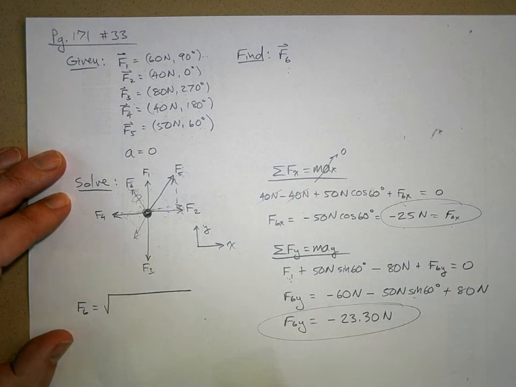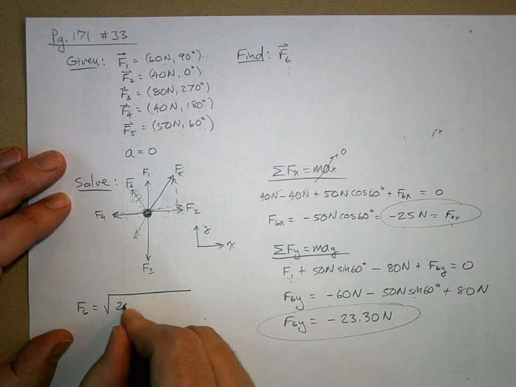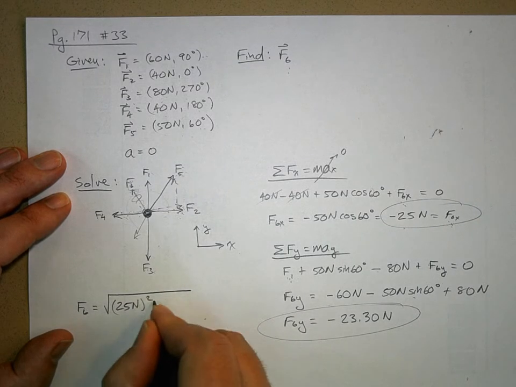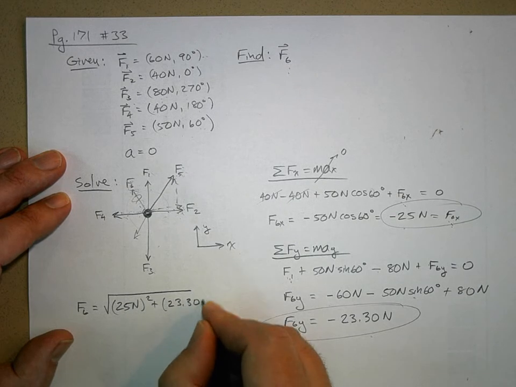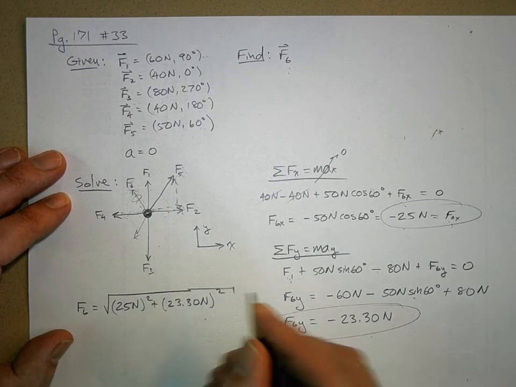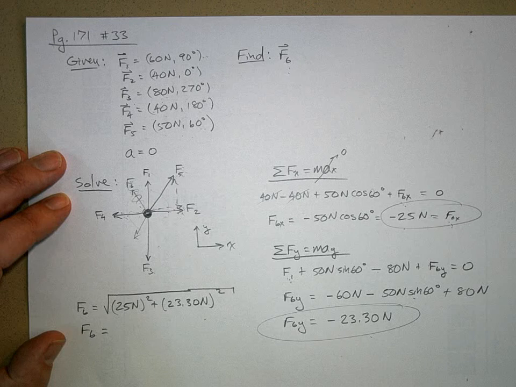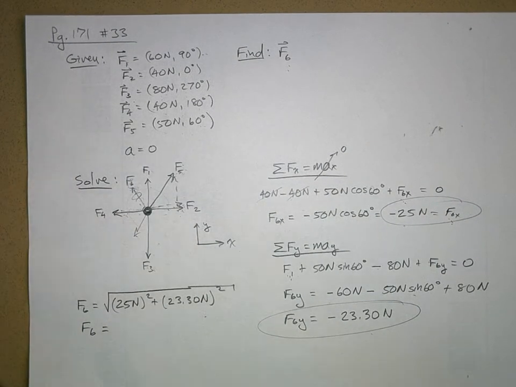It's the square root of its x component squared plus its y component squared. And if you see me making a mistake, please let me know so this doesn't carry on to posterity.